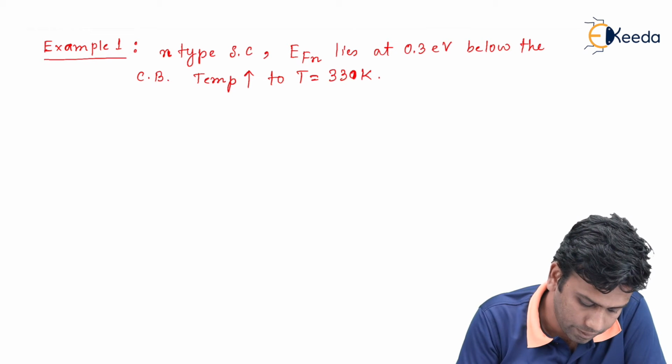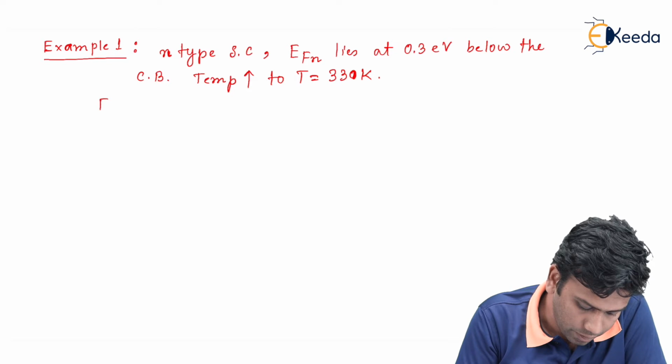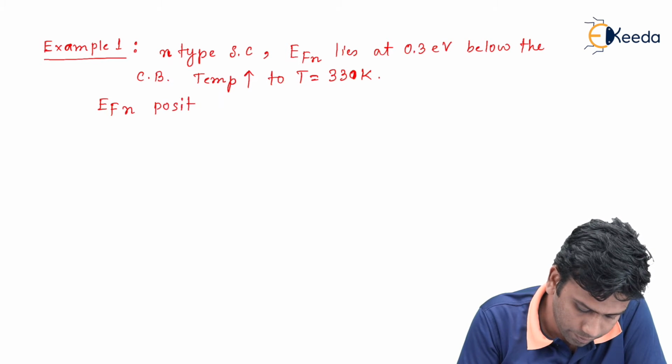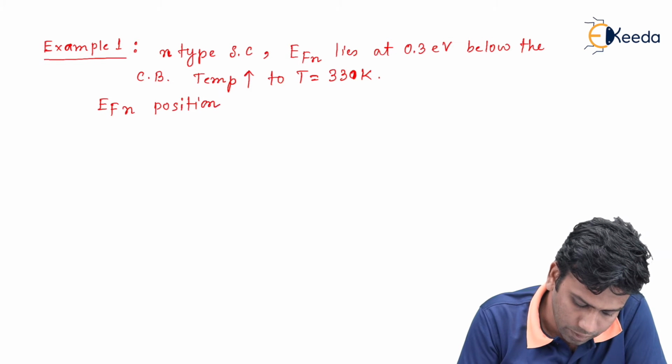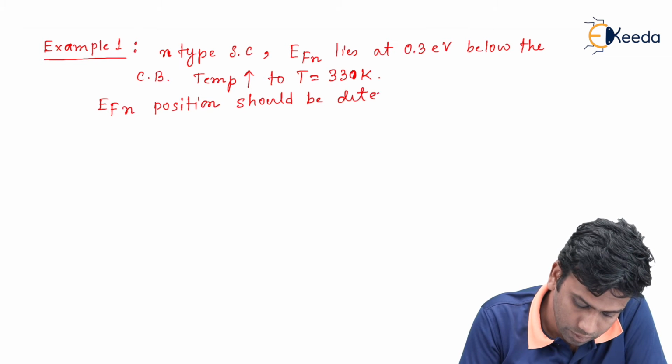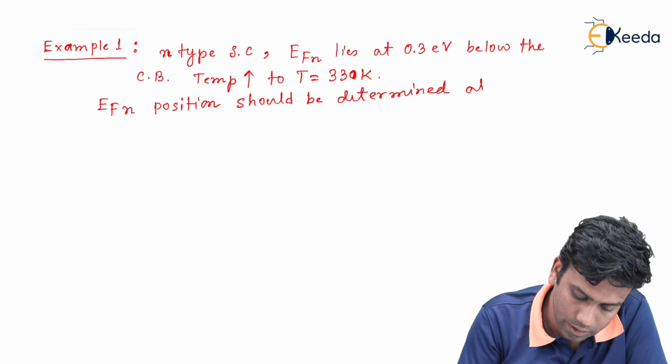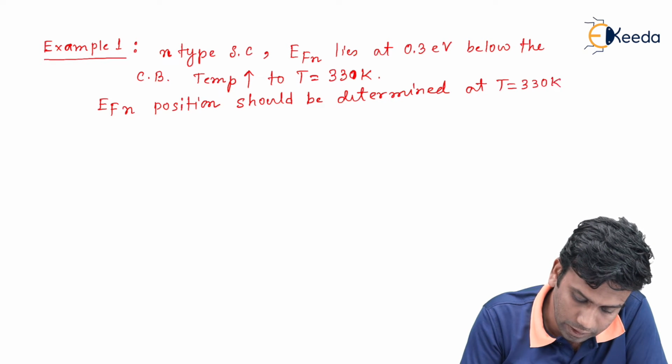That means the Fermi level position EFN should be determined at T equals 330 K.